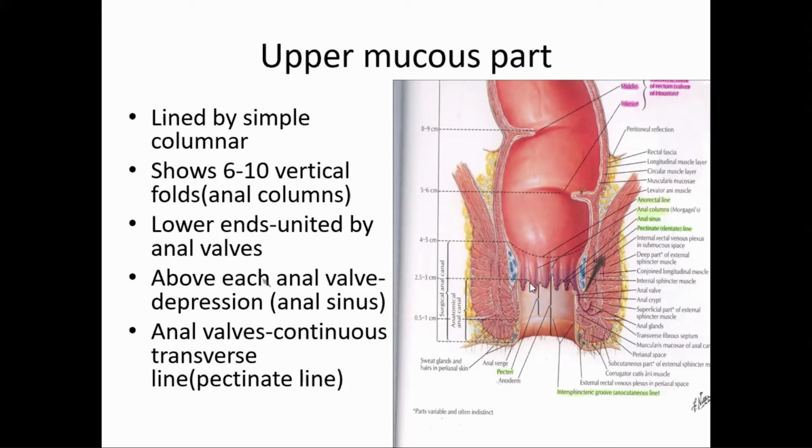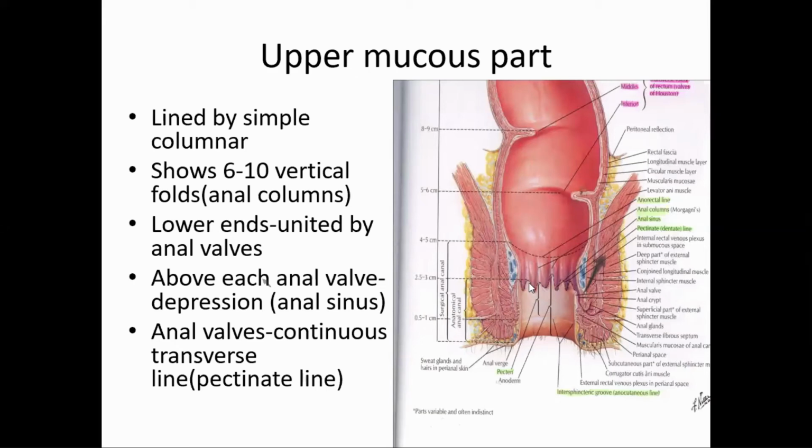The lower ends of the anal columns are connected by the anal valves, and these anal valves form a continuous transverse line connecting the anal columns, called the pectinate line or the dentate line. Above the anal valve there are depressions called the anal sinus, and in the anal sinus there are the openings of the ducts of the anal glands.